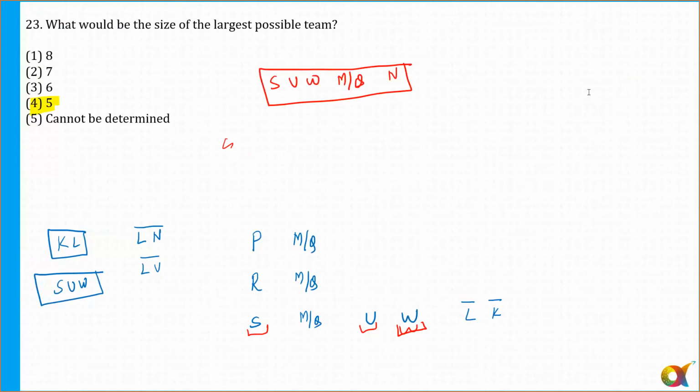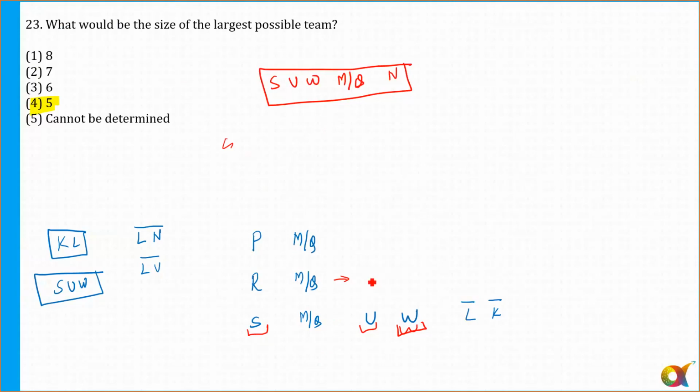You got 6. Can you tell me which people you have got 6? Remember the third case, it will be S. In the second case, I am saying R, M and Q, so with N, S, U, W. So if you are taking S, U, W also.